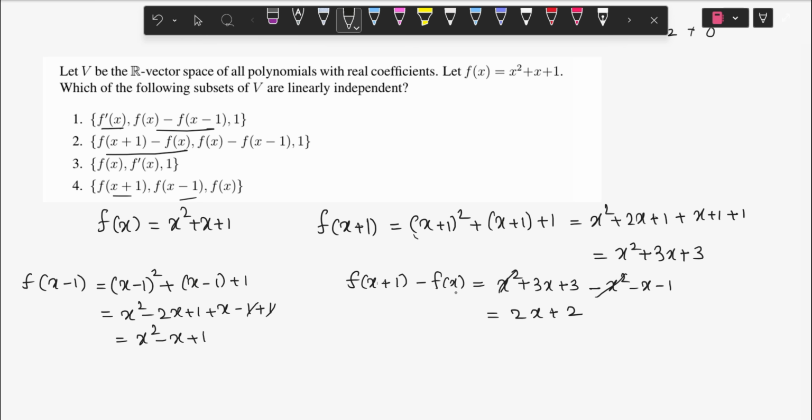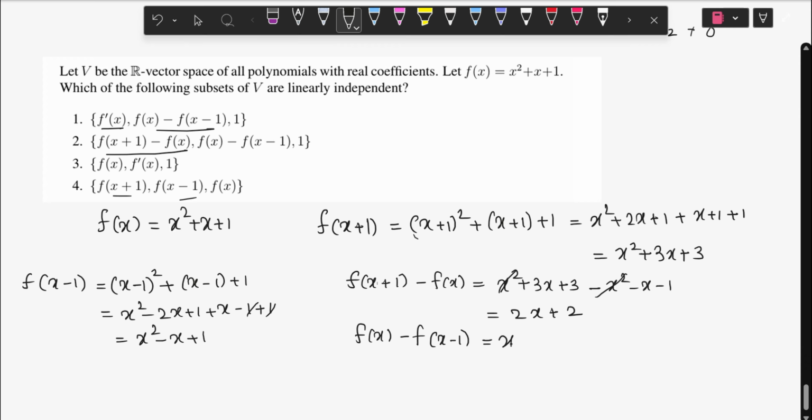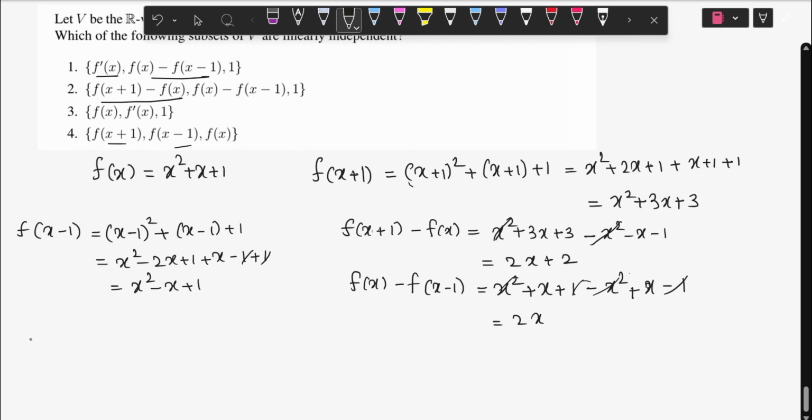Now let's calculate fx minus f of x minus 1. So this is equal to x square plus x plus 1 minus x square plus x minus 1. This is equal to 2x. सब कुछ मिल गया शायद. Yeah. And f dash x, the last thing, is f dash x equal to 2x plus 1.